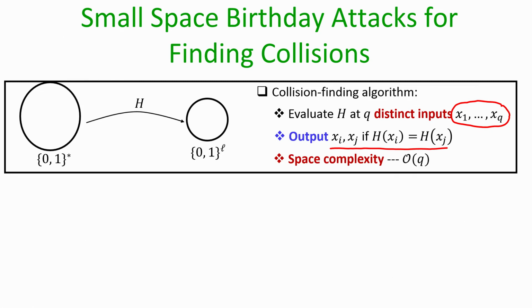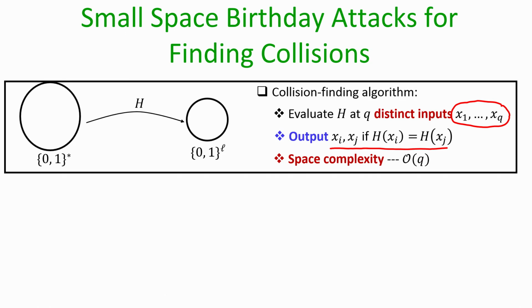In modern computer systems, time or processing speed is not an issue. Day by day the processing speed is increasing. What matters is the space complexity, because space is a very critical resource here. That is why it is interesting whether we can carry out the birthday attack, or the generalized birthday attack that we had seen earlier, where the space complexity is not O of q, but rather a constant.